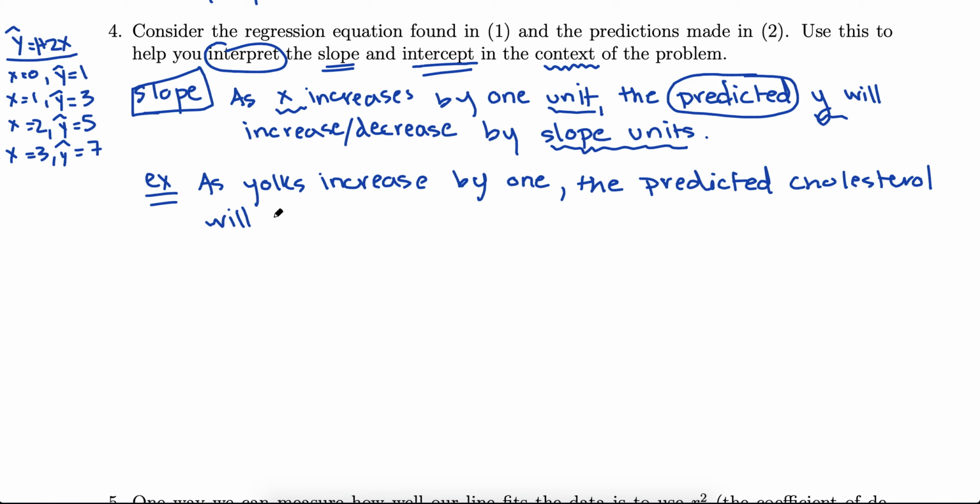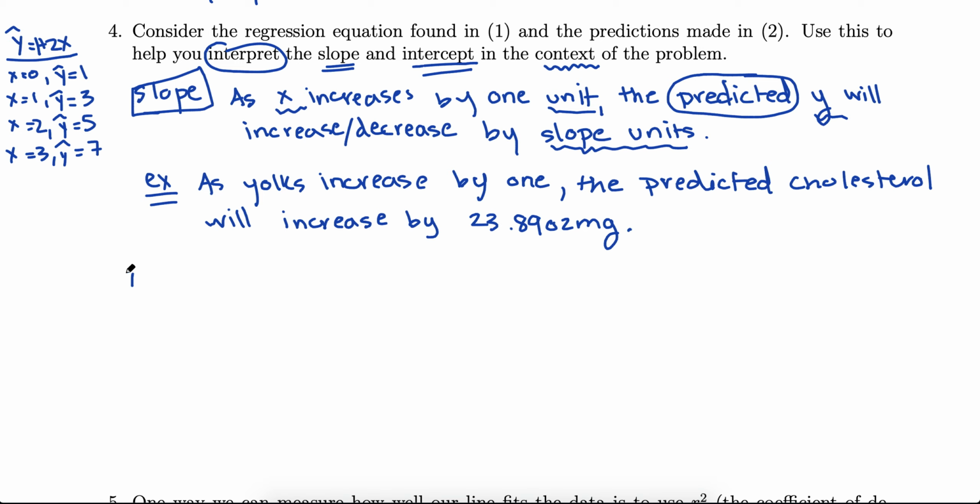So the predicted amount of cholesterol will increase, again because the slope is positive, by 23.8902 milligrams. Okay, so it's our in-context way of saying as x goes up by 1, the predicted y will change according to the slope.